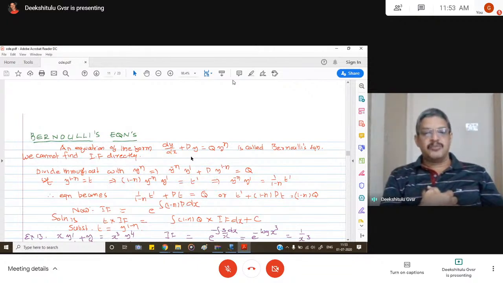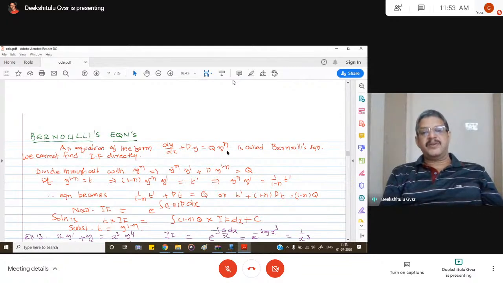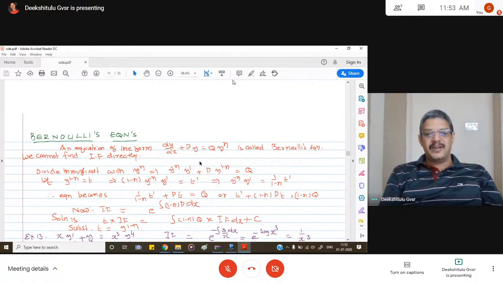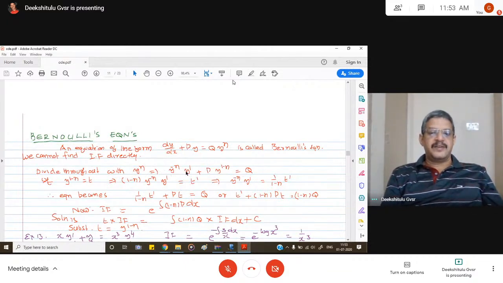So if you divide throughout by y power n, then y power minus n y dash plus p into y by y power n, that is y power 1 minus n, is equal to q. So put y power 1 minus n equal to t. If you differentiate this, 1 minus n into y power 1 minus n minus 1, that is y power minus n, into y dash is equal to t dash.